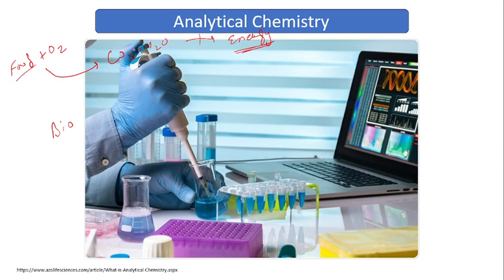Because it is oxidized, it will give electrons, and these electrons will be responsible to convert ADP, which is adenosine diphosphate, to adenosine triphosphate. So this process is done by electrons which come from oxidation of food. This is bioelectrochemistry.